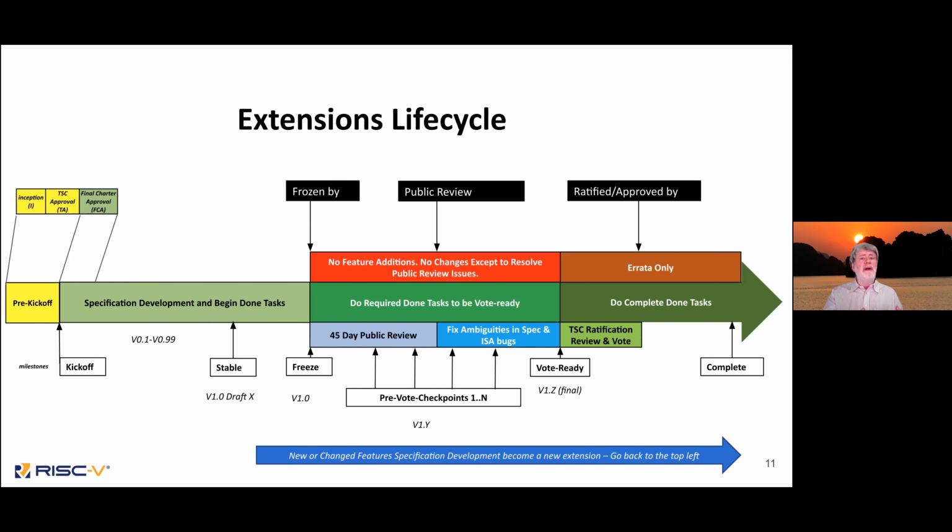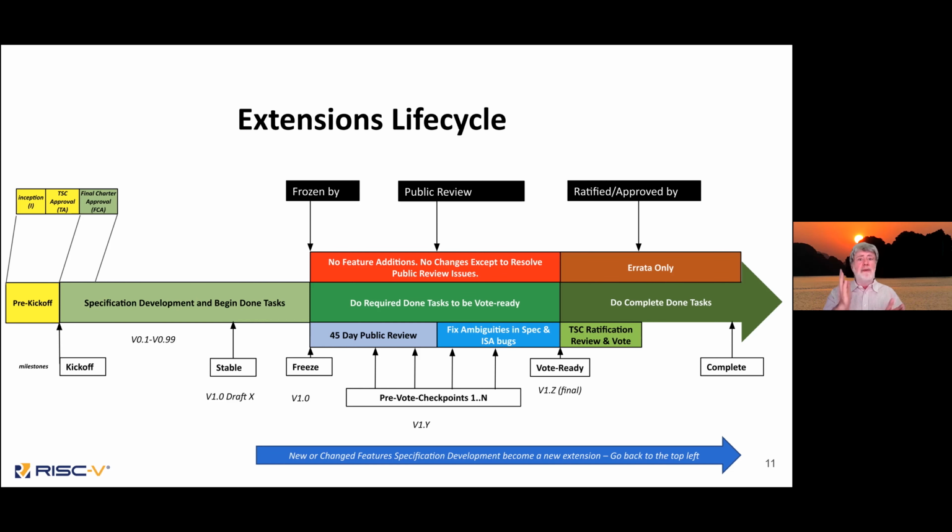So that team is a task group. That task group goes ahead and works on the specification. We have a bunch of milestones that you see on the milestone line there. The first is kickoff. That's where the group's created. And then stable is where things are really not going to change after that. They're just going to get cleaned up in order to go to public review.